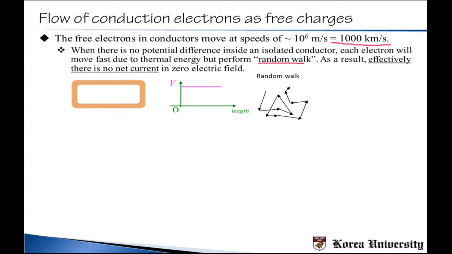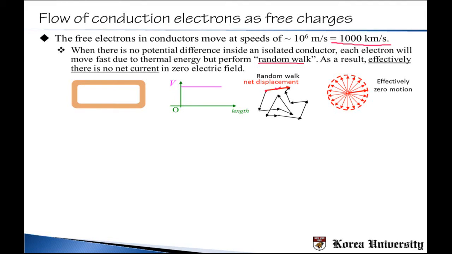They are moving in any direction, and after a certain period of time, an electron will have moved from the original position to the final position, and we can show the net displacement vector like this. Each black arrow represents movement at very fast speed, but eventually it's not moving very much, only by this much.